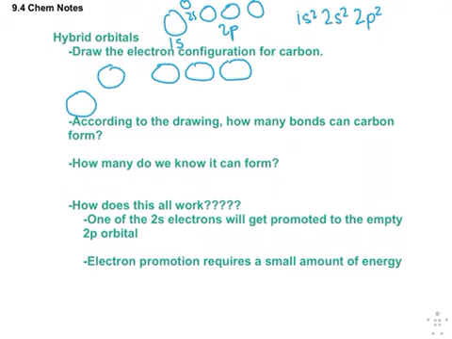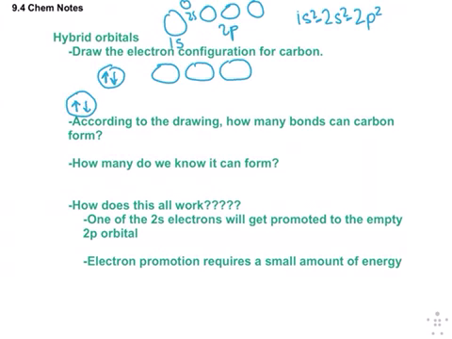Remember, the p orbital has three different orientations. That's why there's three different circles. Then we follow the rules. We fill our 1s with 2 electrons. Then our 2s also has 2 electrons.